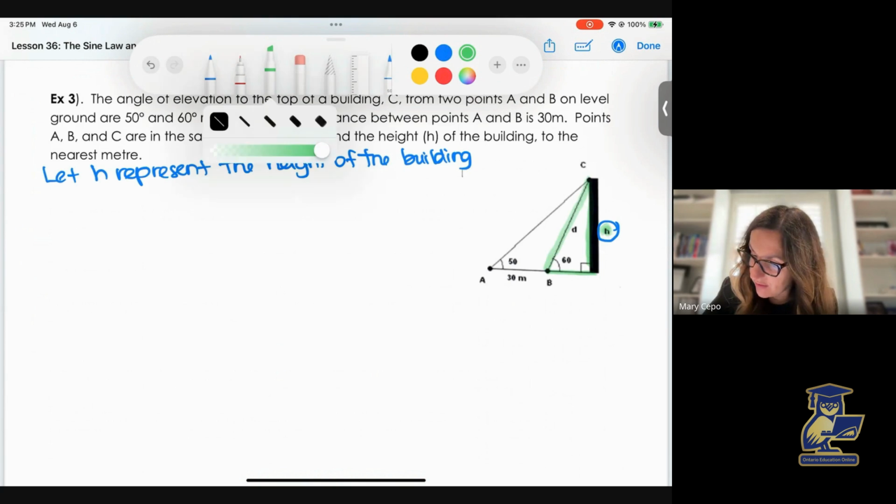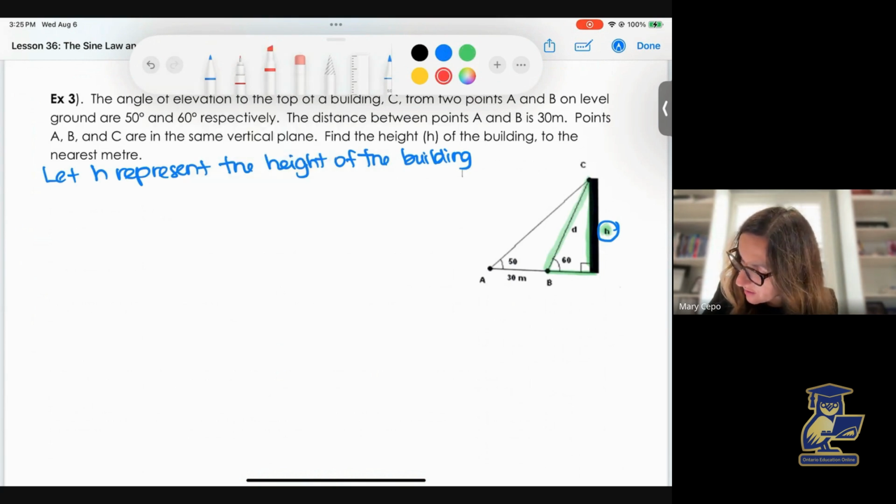However, we are given another triangle. So I'm going to highlight that in red. This would be A, B, and C. From there we can determine quite a bit. We know this angle in CB, and we'll call this D, because it's not labeled, is given as 60 degrees.